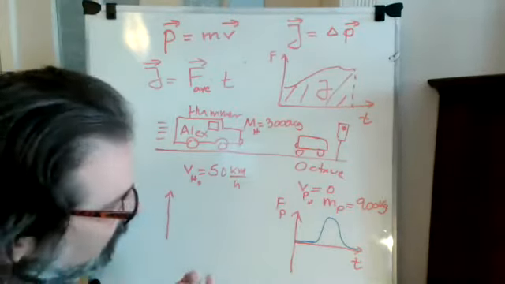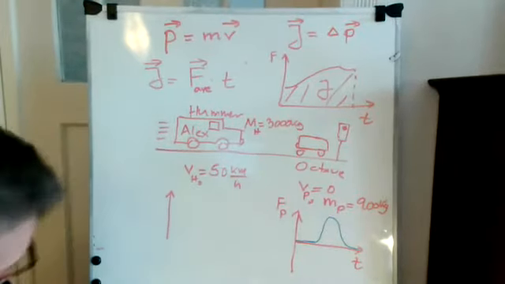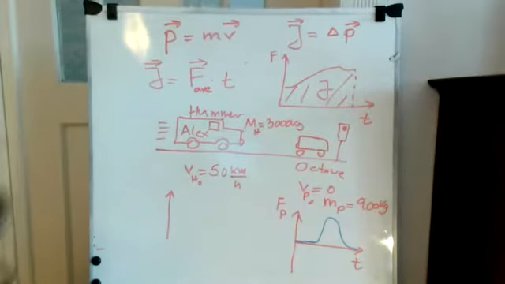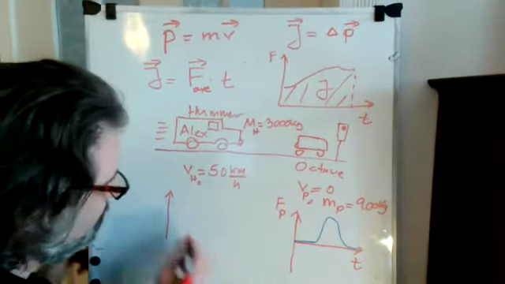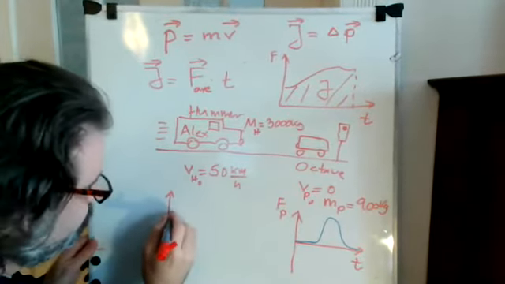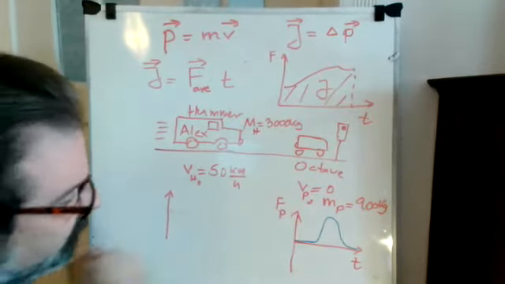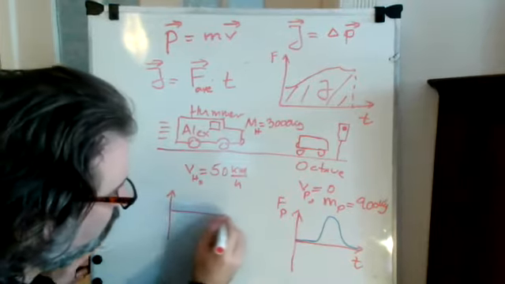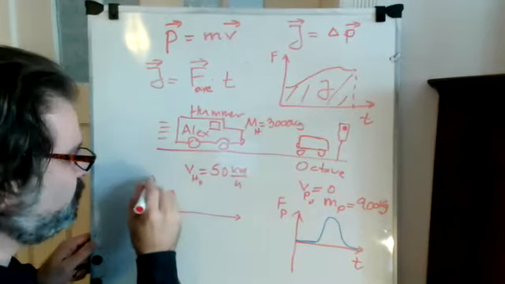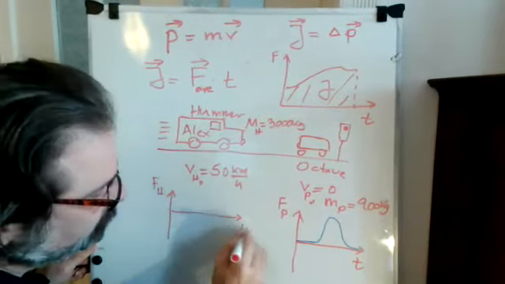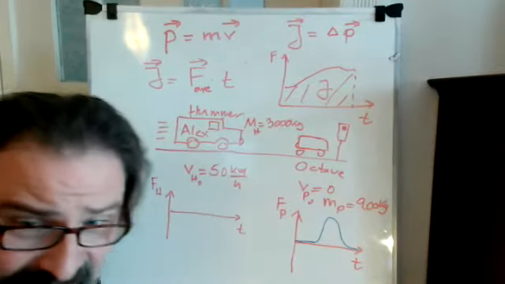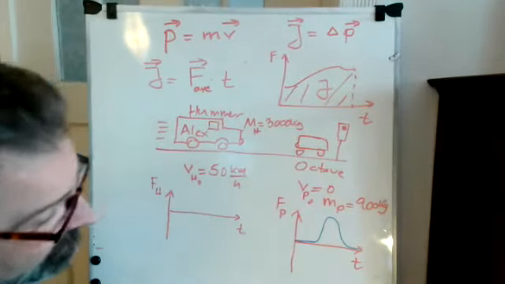Now, if you look at these two graphs and you say, okay, what does that tell us about this other force on the Hummer? Well, the force on the Hummer now acts not to the right.